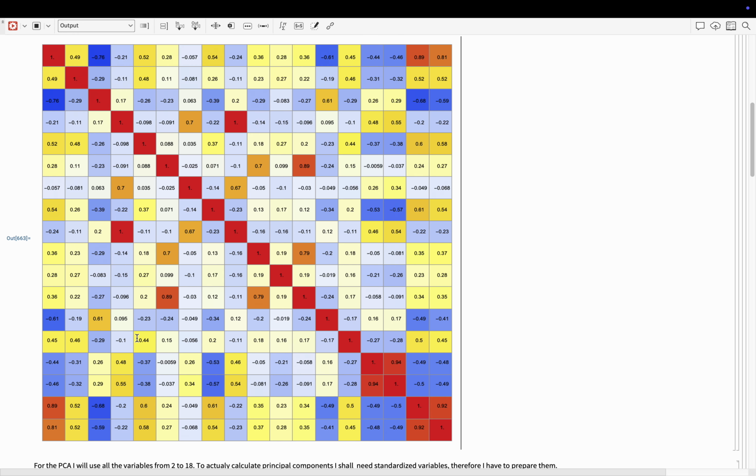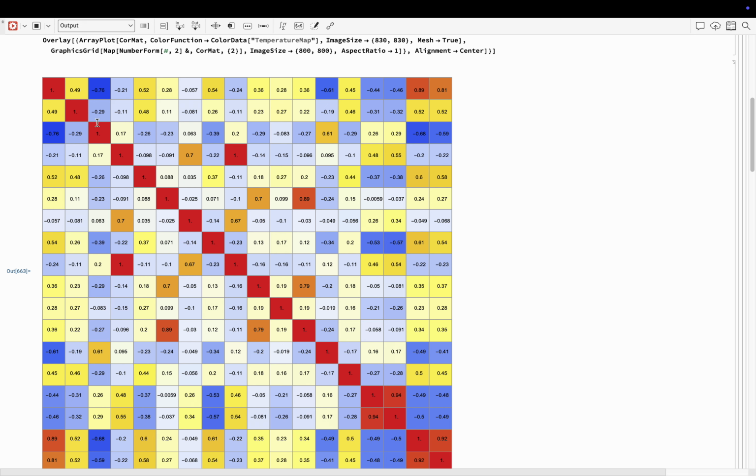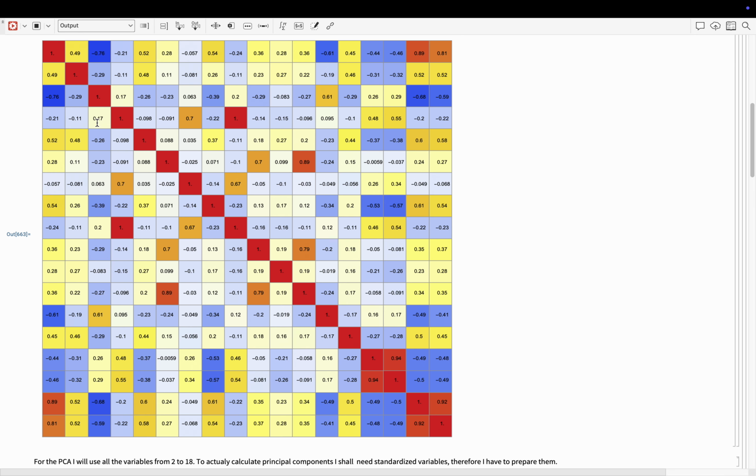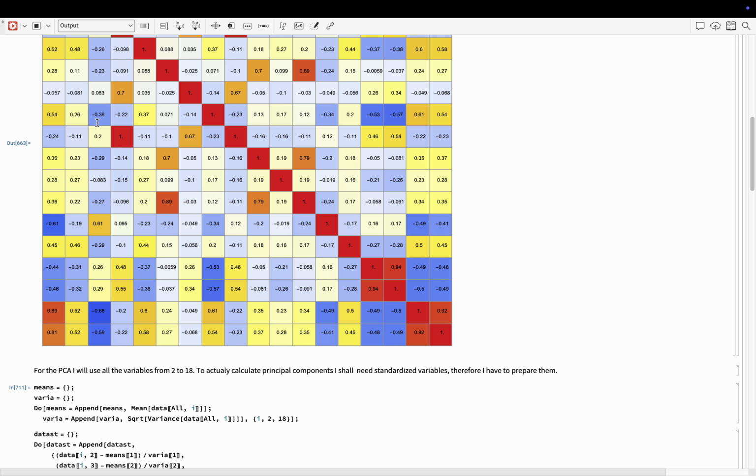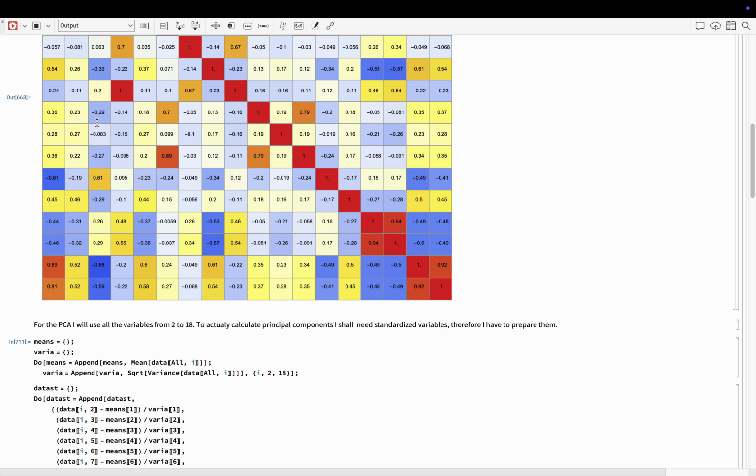Okay, but now we will not be taking into account the first row, but rather we will work on the rest of the matrix. So we exclude the dependent variable and we work on 17 independent variables, and I will not be selecting variables initially. I just work on the full set.